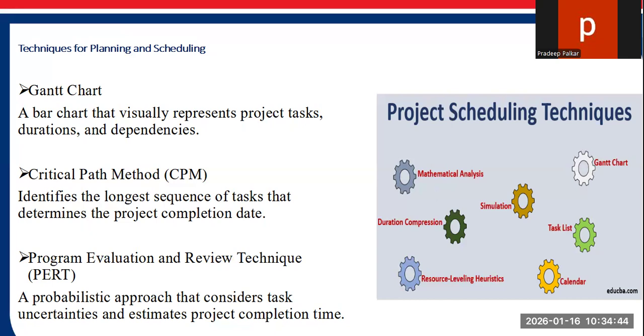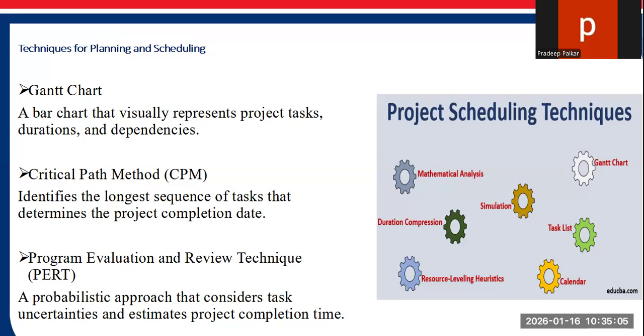Scheduling decides when the work will be done. Techniques for project planning include the work breakdown structure, which we discussed in the previous lecture, responsibility assignment matrix, and milestone planning.